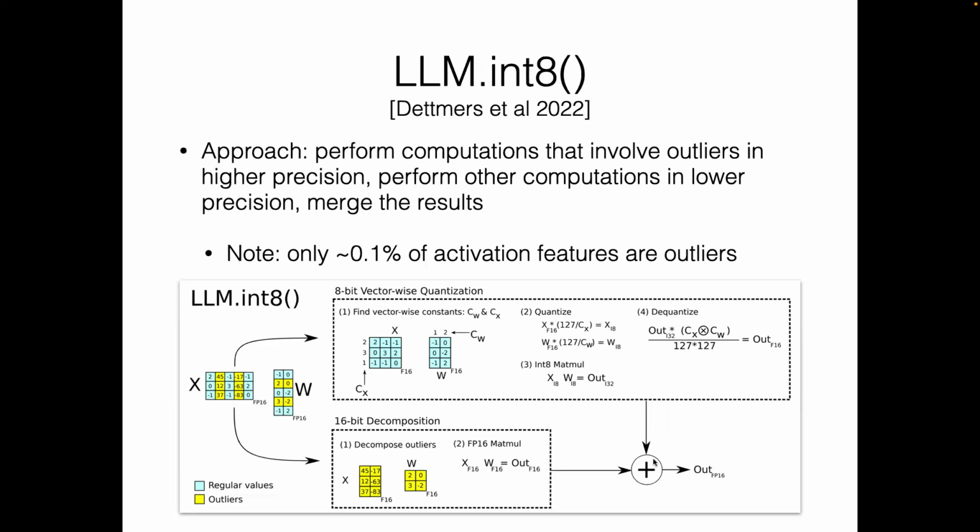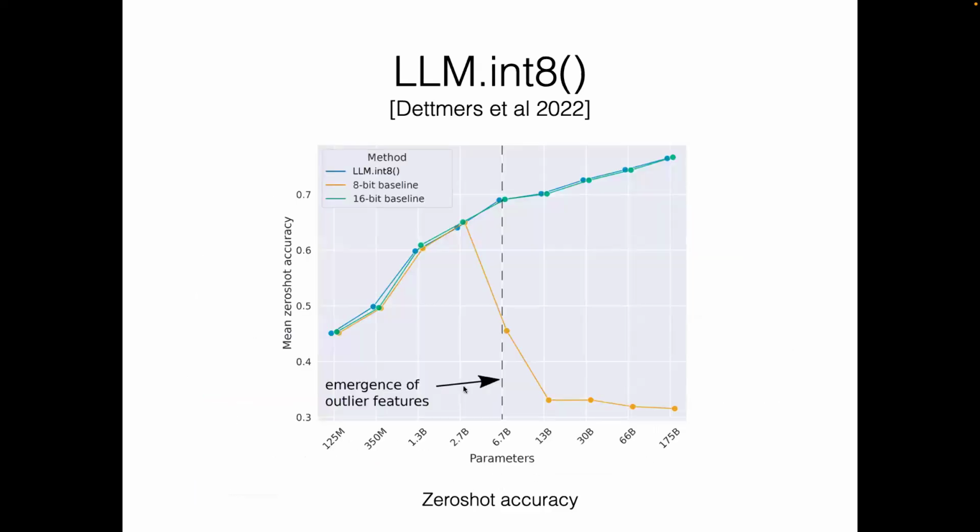And they have this really cool plot if you haven't seen it before. Here on the x-axis, we have the parameters in the language model. And here we have accuracy on a bunch of benchmarks, averaged together. You could see that if you use quantization to 8 bits, in orange, it's actually doing well for these smaller models.